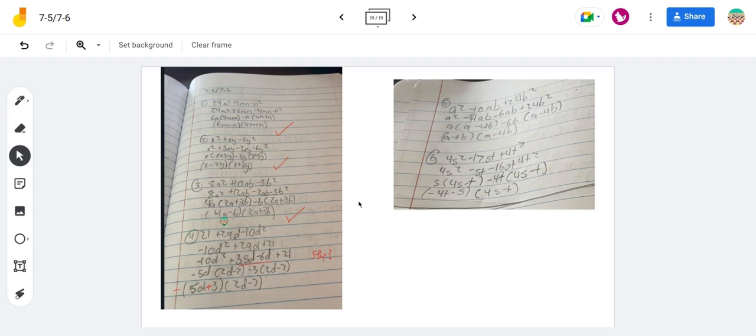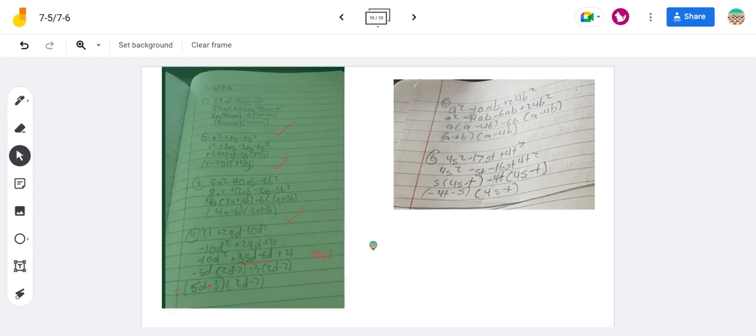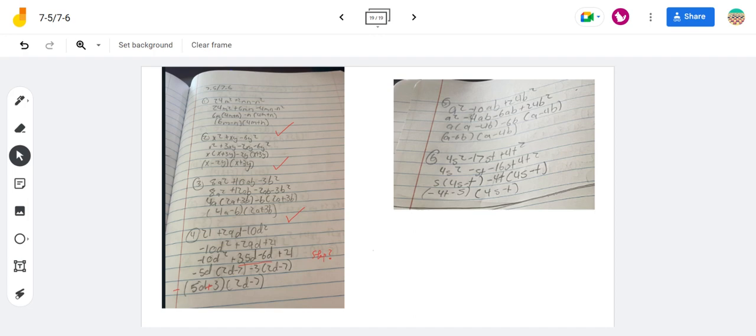Nice. Because to figure out this 35 and negative 6, you need to factor the 210, right? It's actually a lot of steps.